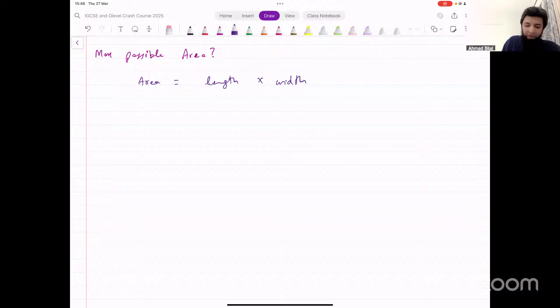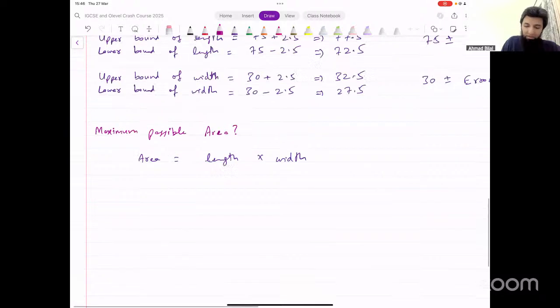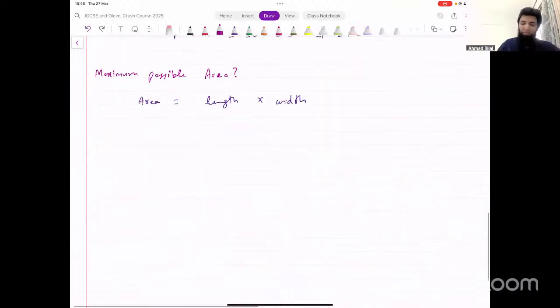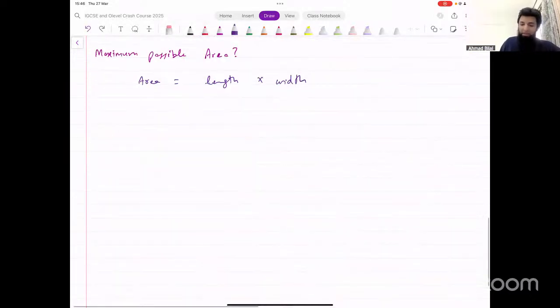We want to find the maximum possible area given that the length is 75 kilometers, the width is 30 kilometers. Now, what does that mean? Since it has a possible error, it's correct to the nearest 5 kilometers.